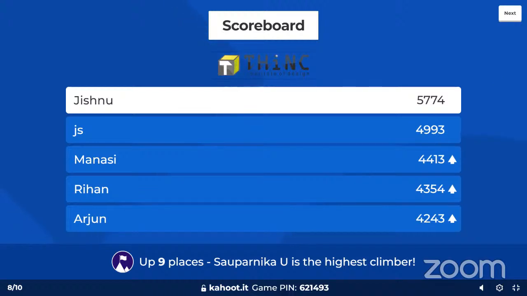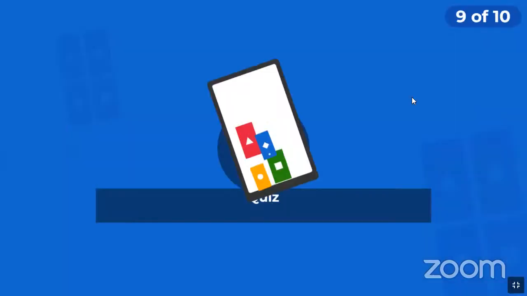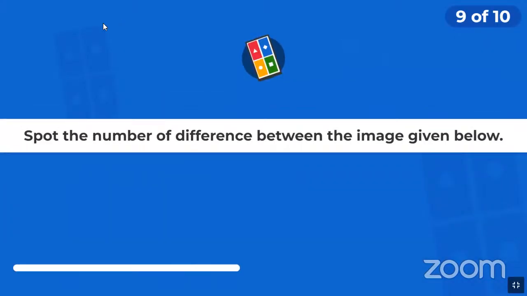So okay guys, let's move on to the 9th question. Here it is. Spot the number of differences between the images given below.